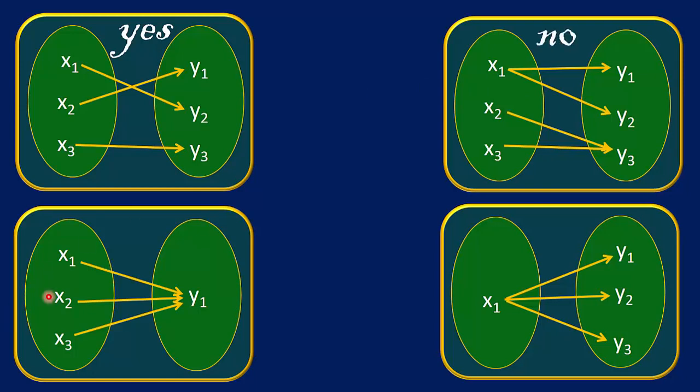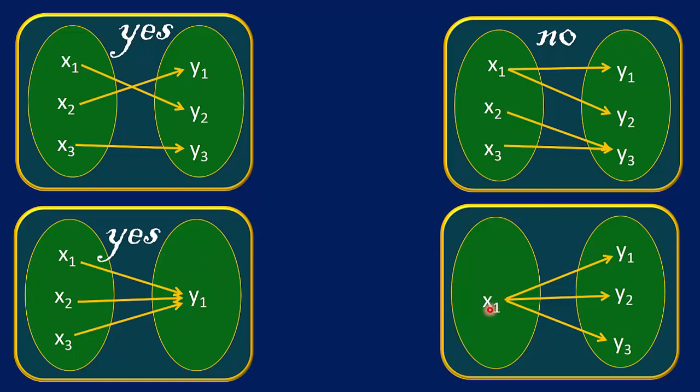Now let's look at this third one. x1 corresponds to exactly one element, y1. x2 corresponds to exactly one element, y1. And x3 does the same. It doesn't matter that they all correspond to the same element. The fact is, every element over here corresponds to exactly one element over here. So that's a function.